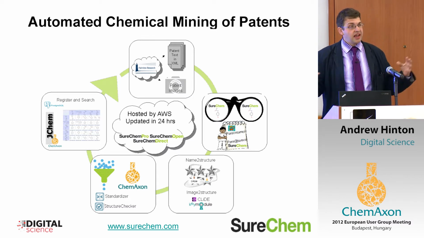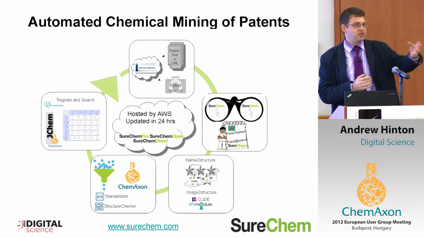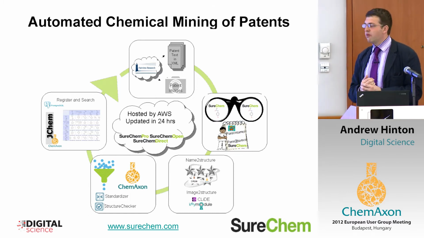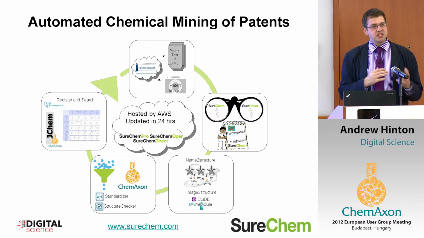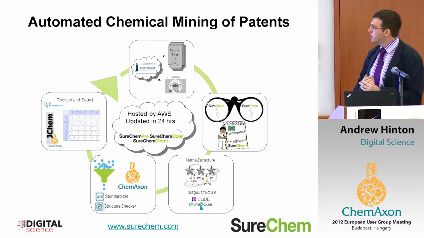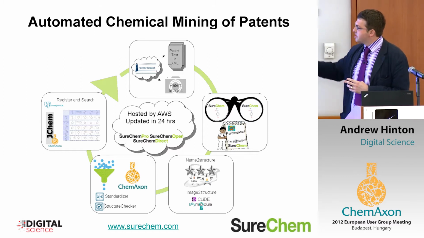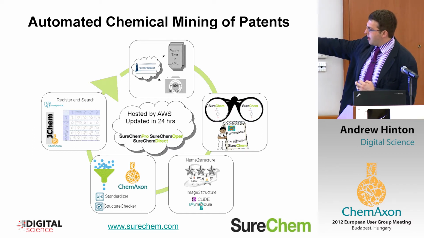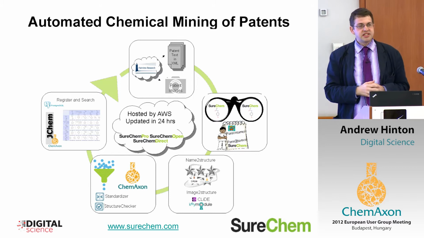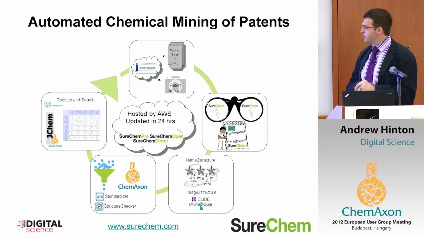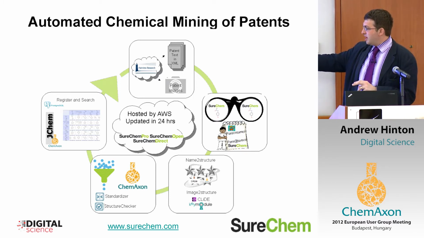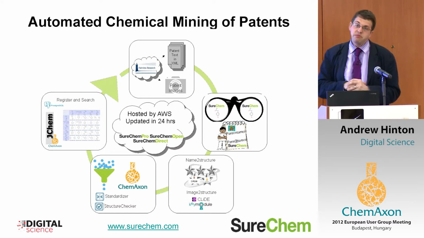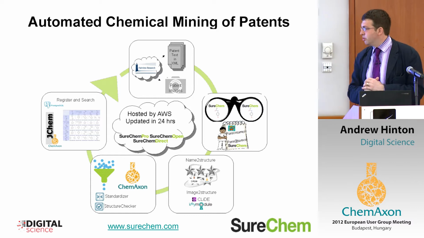OCR heuristics and some commercially available tools, I see Roger's in the audience here, we're able to correct for the OCR mistakes, the spelling mistakes, the white space that often corrupt chemical names, such that when we then have a list of chemical entities, we're able to pass them on to a suite of name-to-structure tools, two of which I can tell you about: OPSIN, but also we use ChemAxon's own name-to-structure conversion tool.